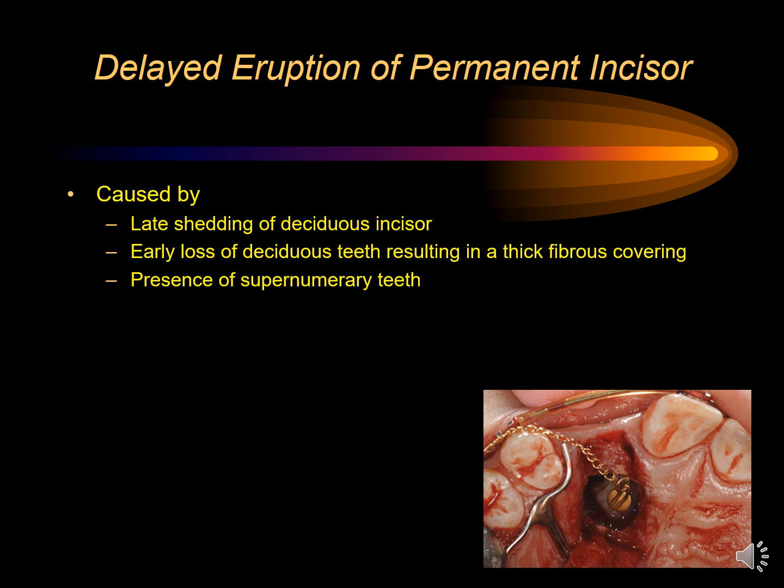Okay, so it is not only the deciduous tooth shedding late, but even if the deciduous tooth is shed early or lost well before its time, the tissue overlying the developing permanent tooth becomes thick and fibrous, and this can also delay the eruption of the incisor.